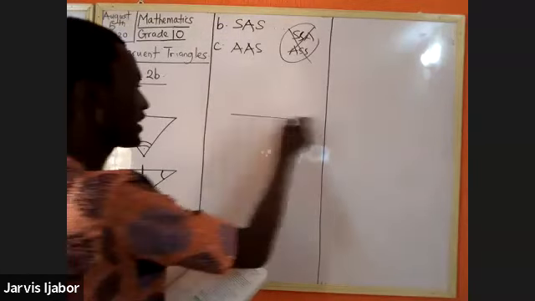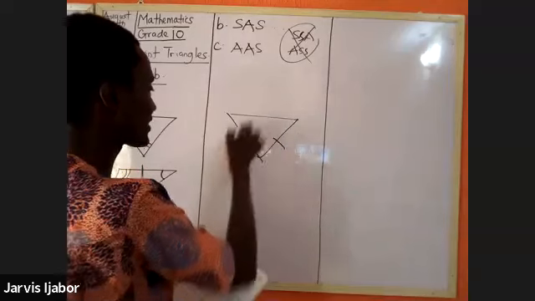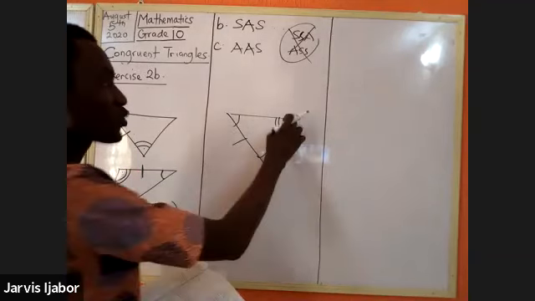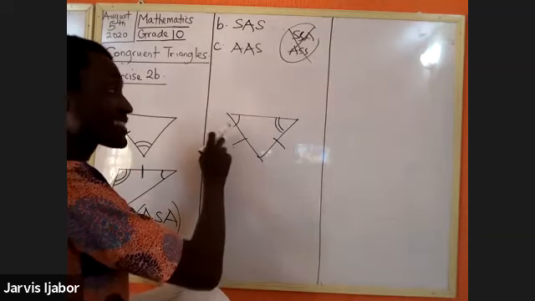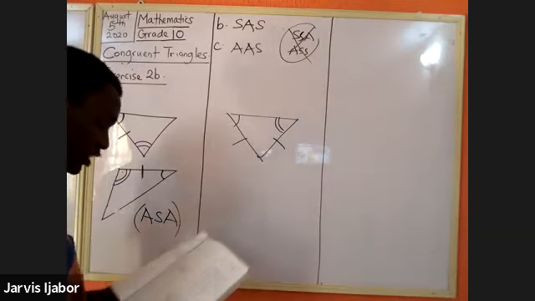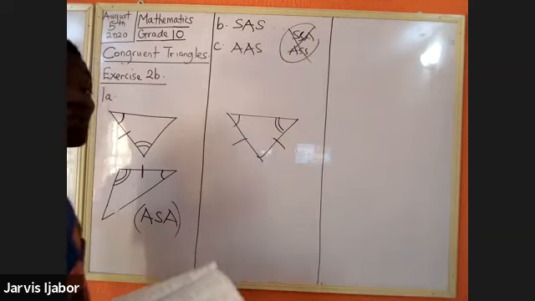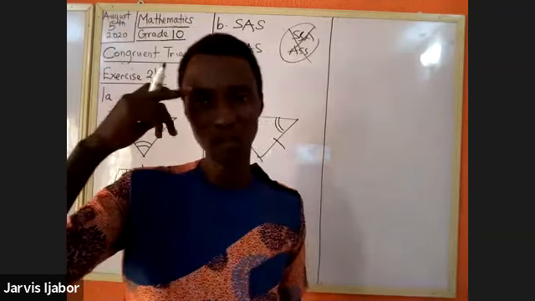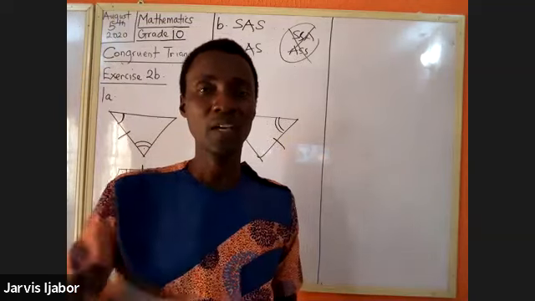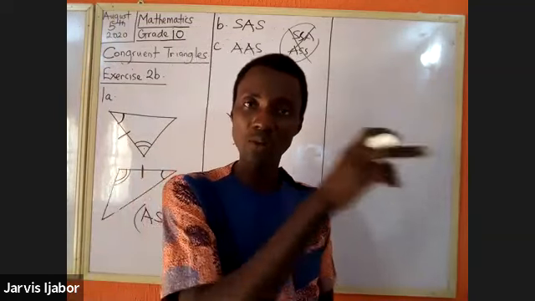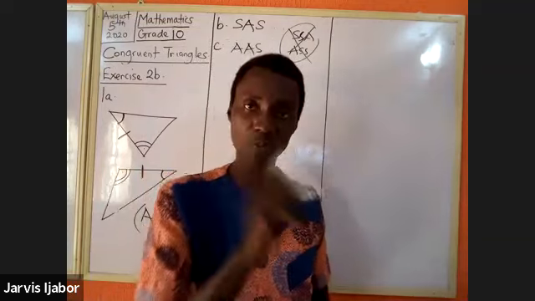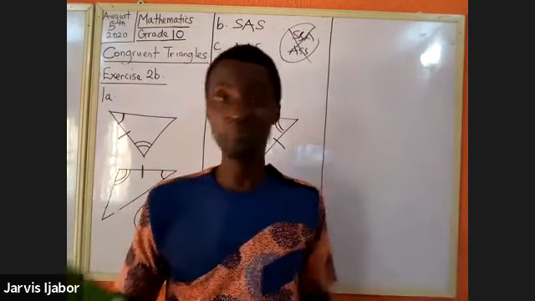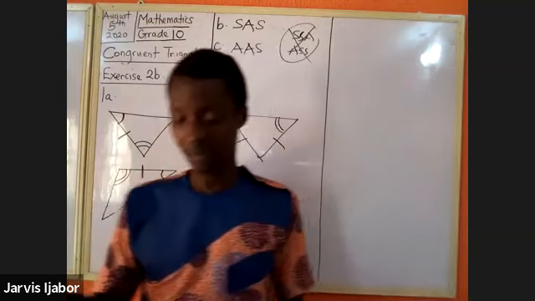Although what you are seeing in another diagram looks more like this, the fact that these two angles are equal and one other side too, in addition, is equal, suggests that it must be congruent. There's no other way. I'm also applying my knowledge of construction here. If the corresponding angles are equal, it means that the shape they are going to form will be the same. So it must be congruent.